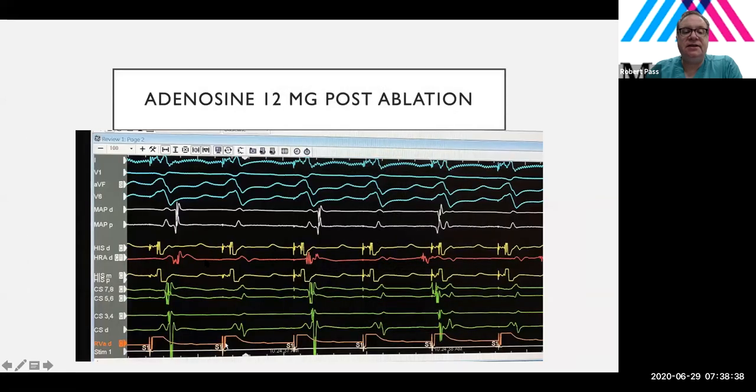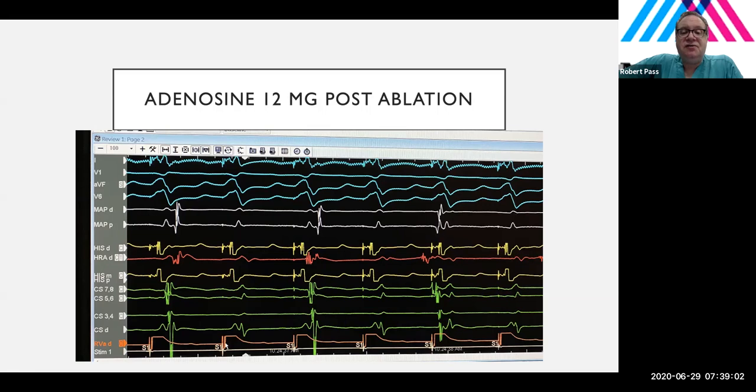Okay, and then here is after we give adenosine, and you see here we're V-pacing and there is ventriculoatrial dissociation showing. Remember that before, when we gave adenosine, we saw a demonstration of the eccentric VA conduction when we block the AV node.